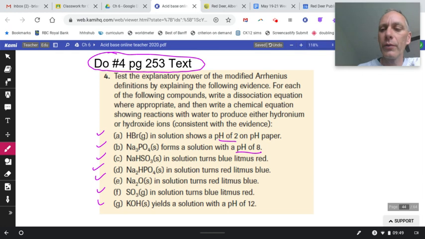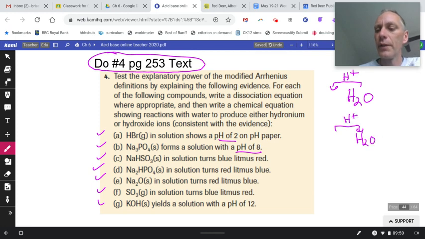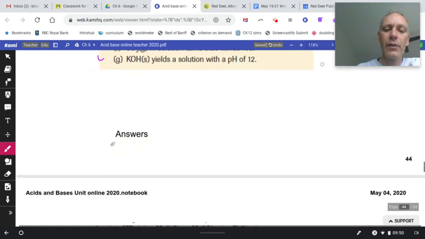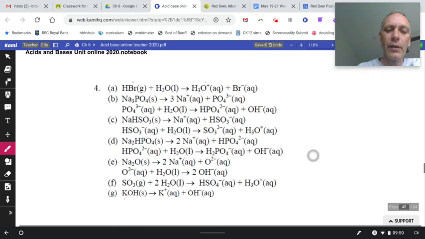Is it going to steal a proton from water, or is it going to donate a proton to water? Is it acting as an acid or a base? So there's a little bit of thinking here, and this is a really good review activity for you. When you're done, then you can come back to the video and you can check all of the answers are right there.